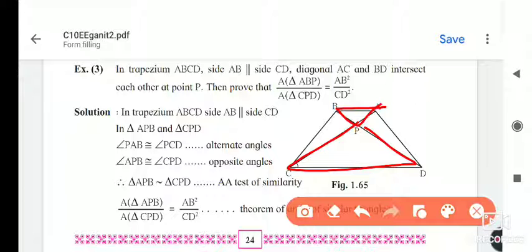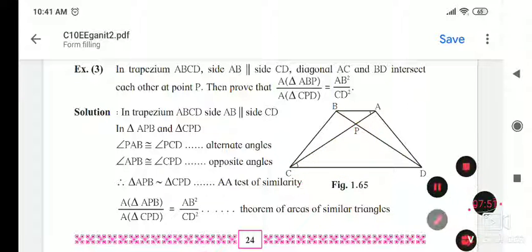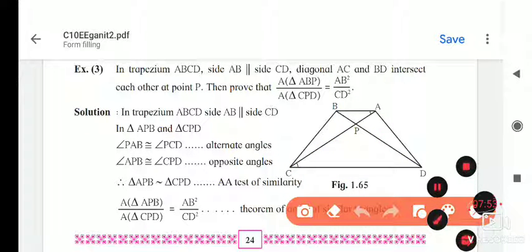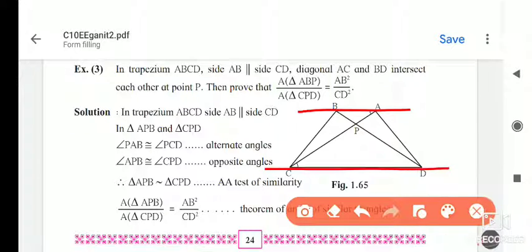So first of all, in trapezium ABCD, AB is parallel to CD. These two triangles, APB and CPD, we have to show similar to each other. How can we show these two triangles similar? As you know, these two lines are parallel to each other, and this is a transversal, so angle BAP is congruent to angle PCD, because these are alternate angles made by the transversal of two parallel lines.